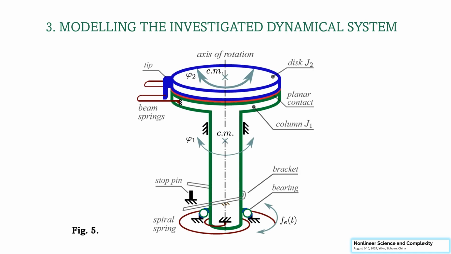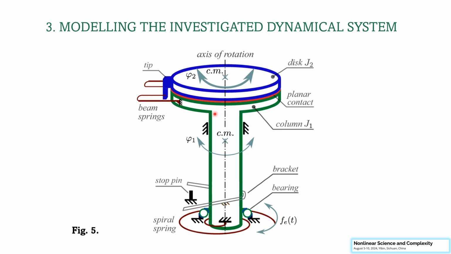In our numerical simulation study preceding our experimental identification, we consider a reduced model of a double torsion pendulum system shown in figure 5. Here we see an excitation from below. We see an excitation of the column via the spiral spring. The column rotates about this angle, about this top pin.